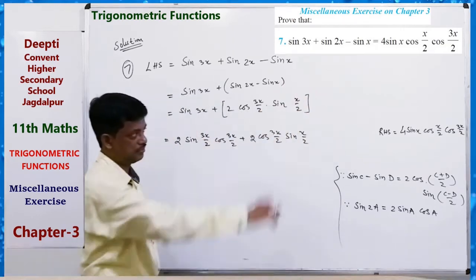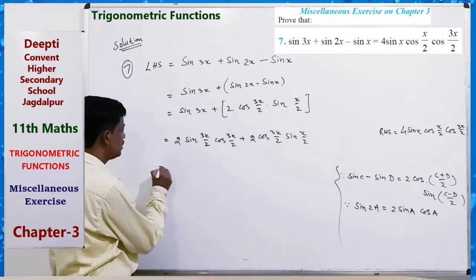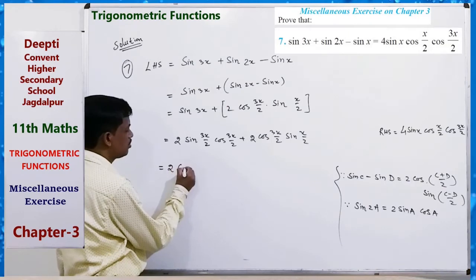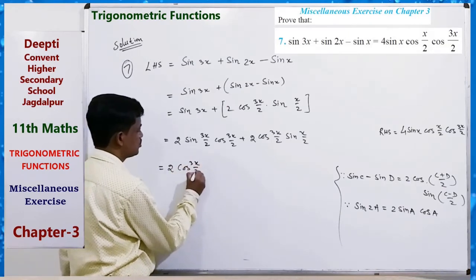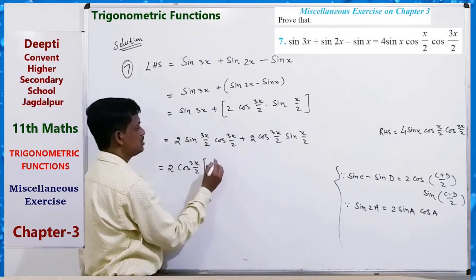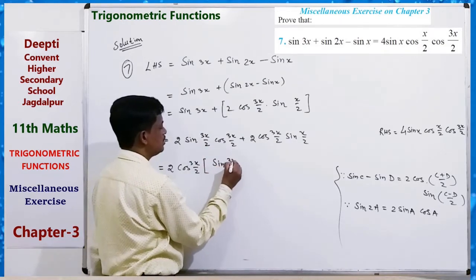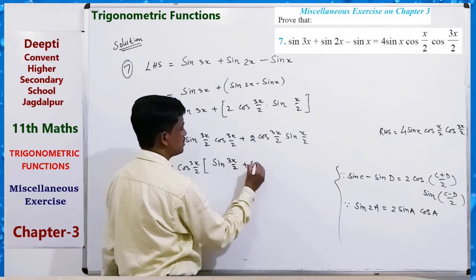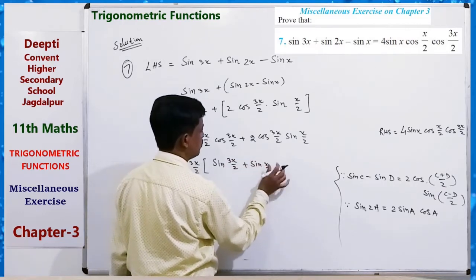Our target is that. So here taking common 2 and cos 3x by 2, cos 3x by 2 and 2 cancel. Sin 3x by 2 plus sin x by 2.